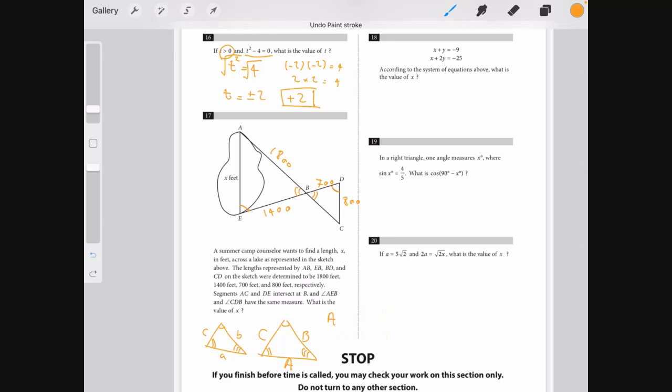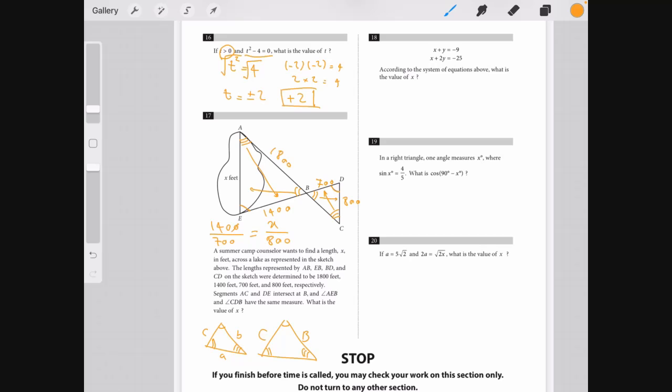Now in our question, this angle is also equal to this angle, so the side in front of it, we can write 1400 over 700 is equal to x over 800.